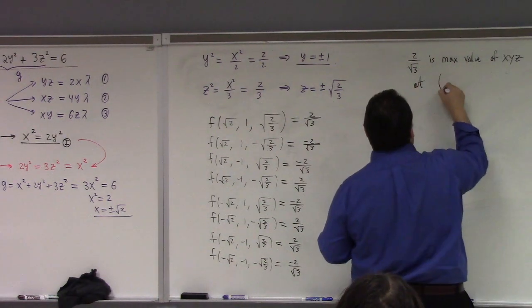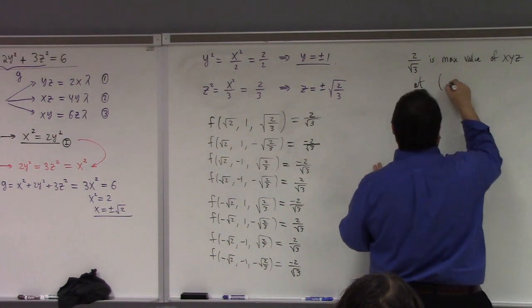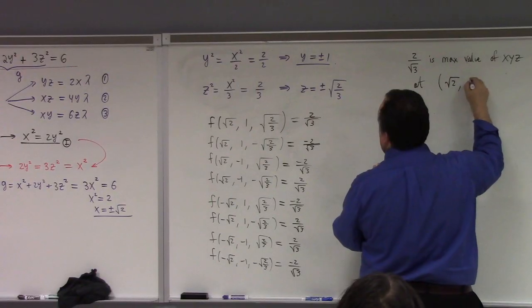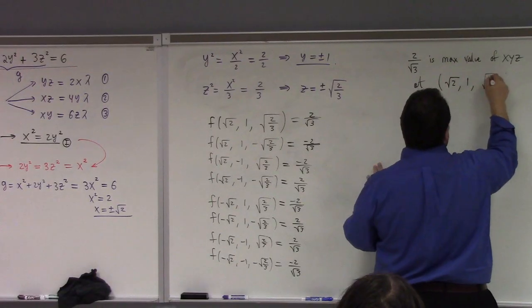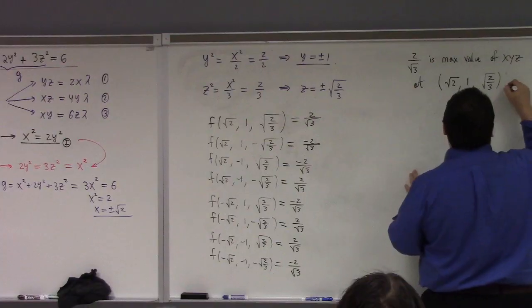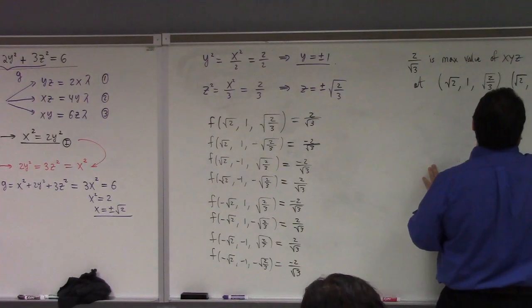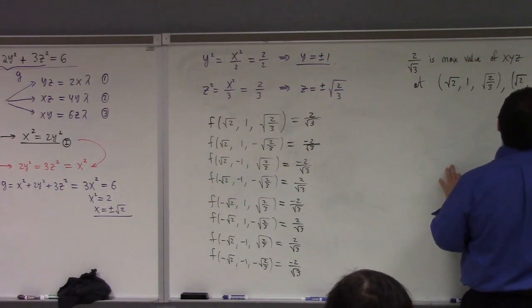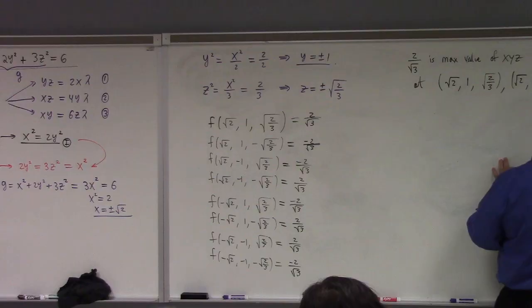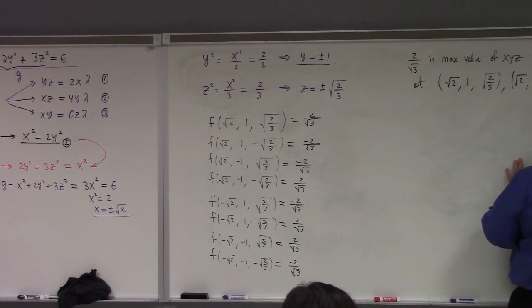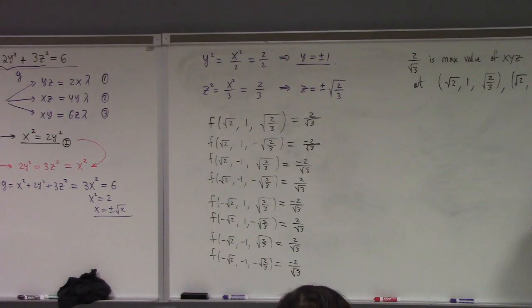At root 2, 1, root 2 over 3; root 2, minus 1, root 2 over 3; minus root 2, 1, root 2 over 3; and finally root 2, 1, and minus root 2 over 3.